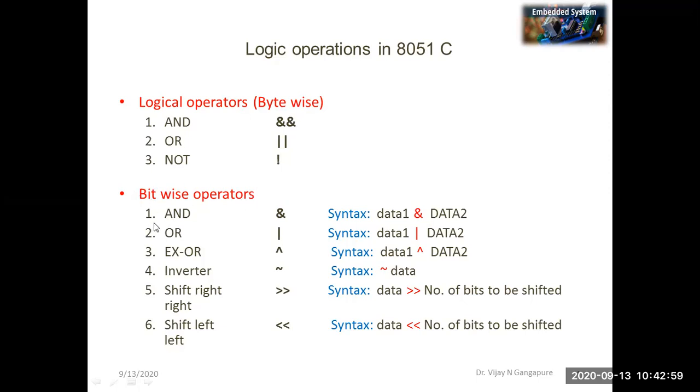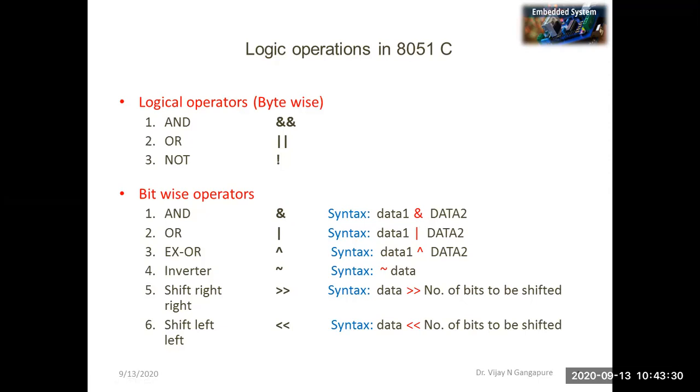For example, the first bitwise operator: in the case of byte-wise, double ampersand was there, that is the byte-wise AND operator, but the bitwise AND operator consists of only a single ampersand. How to use it? Suppose data 1 and data 2, in between data 1 and data 2 we have to place this single ampersand.